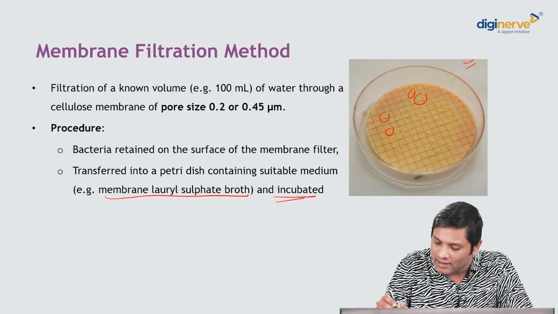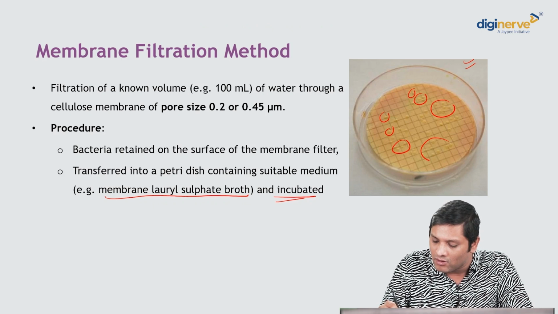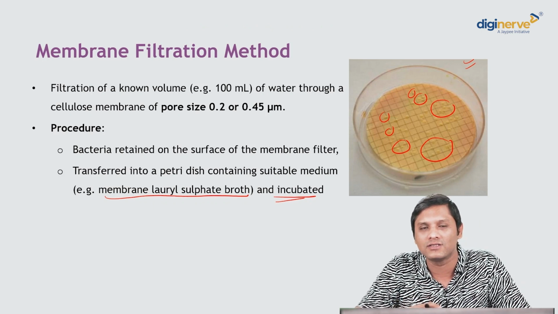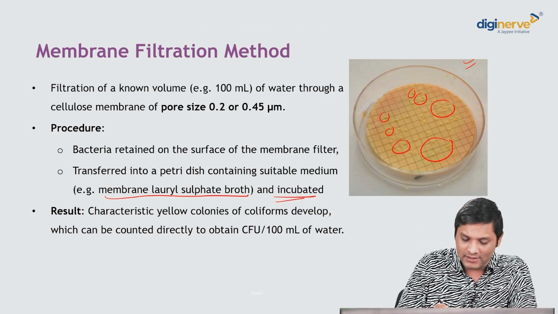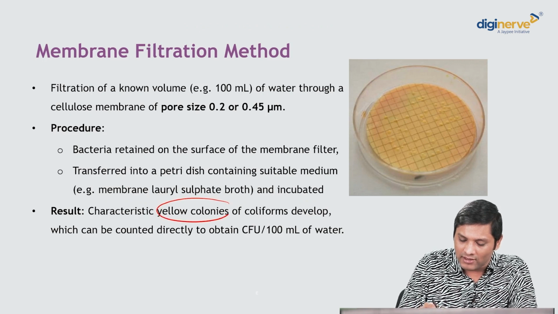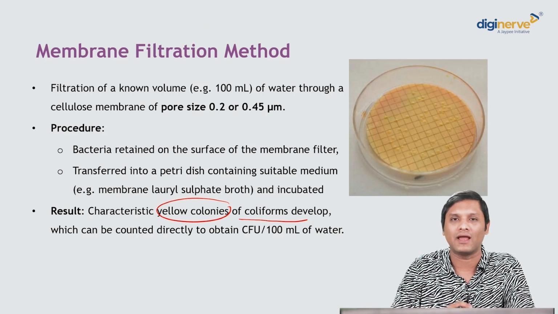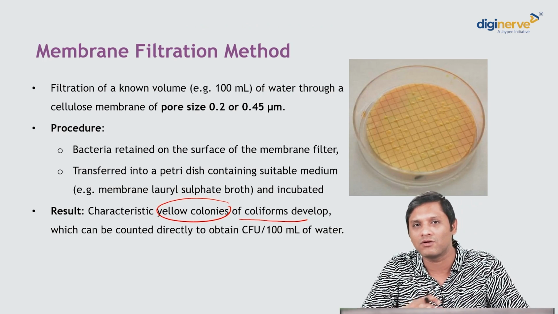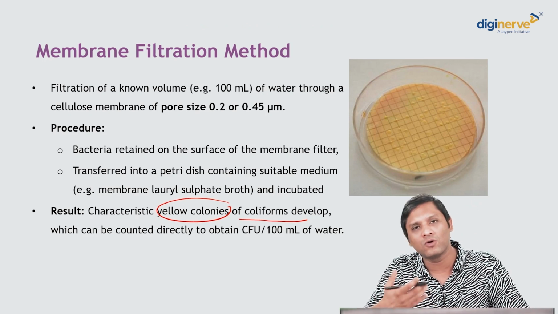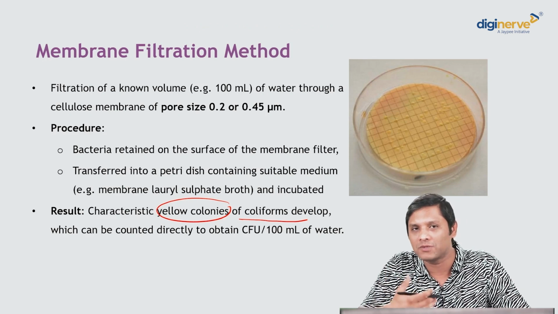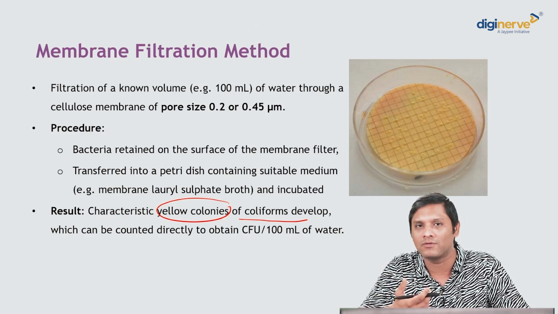So you can see that at various places the yellow colonies are formed. The yellow colonies indicate the organisms are present, and please remember that these yellow colonies are characteristic of coliform organisms being present. It cannot say that it is thermotolerant E. coli. For that you have to perform the Eijkman test, which we discussed for the multiple tube method.